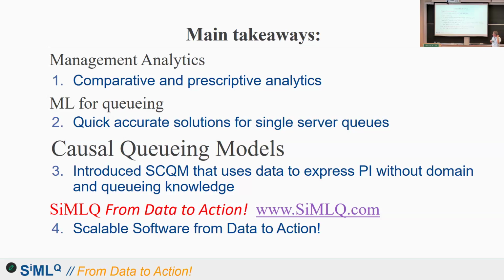We then talked about causal queuing models, and Zheng Han took us through his journey of how he goes from data to comparative analytics and performance evaluations, without knowing many of the things that we need to know when we come to analyze queuing systems. And I showed you how SiMLQ takes essentially the same train of thought, but with somewhat different things. So rather than using structural causal queuing models, what we use is process mining to find the real system, right?